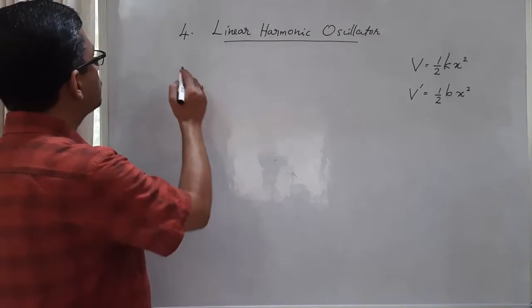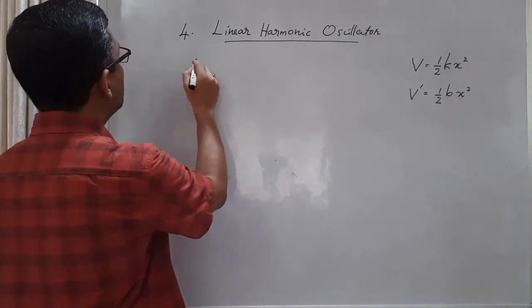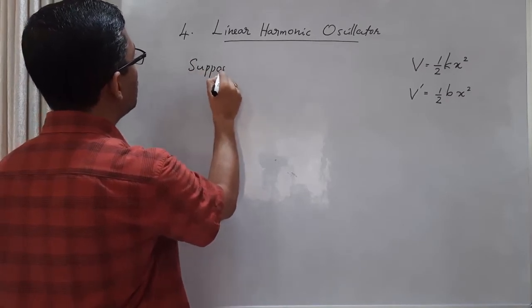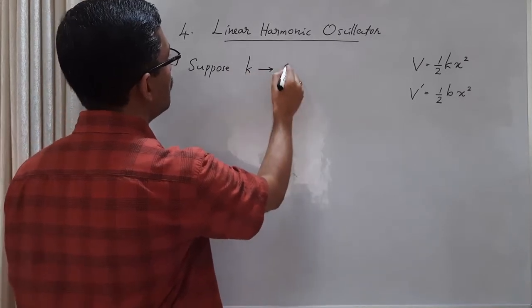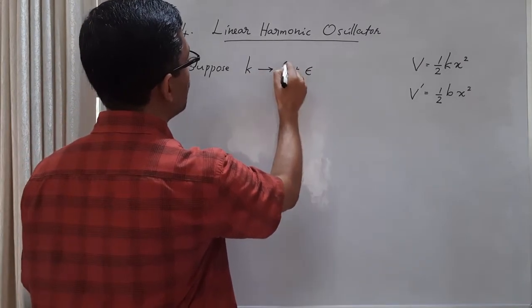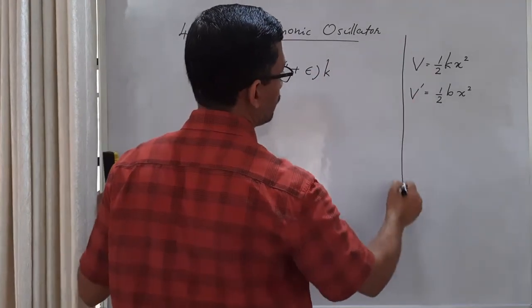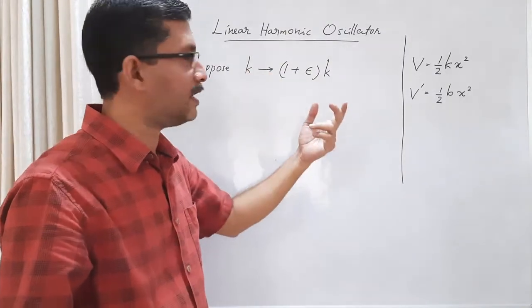So I will define the problem in this way. Suppose in a linear harmonic oscillator the force constant k changes to 1 plus epsilon times k. I am trying to define this problem in a slightly different way.